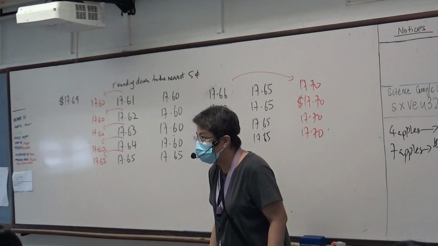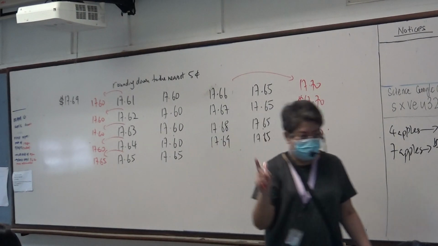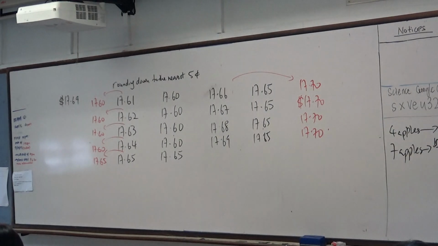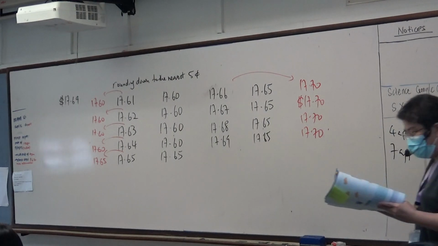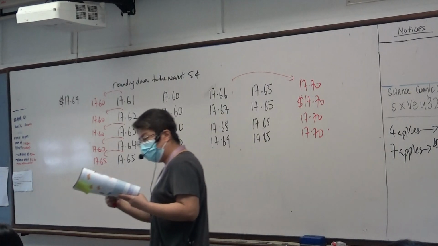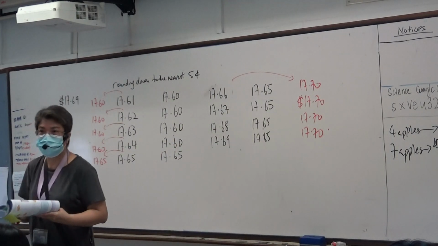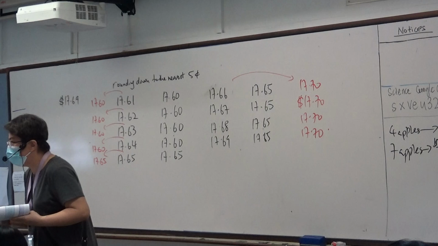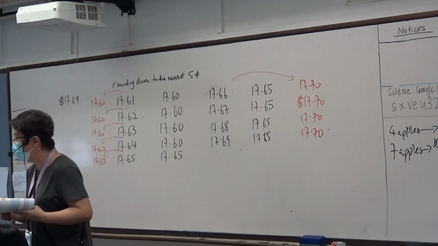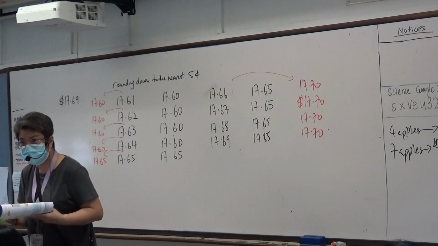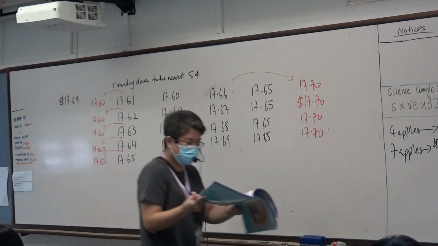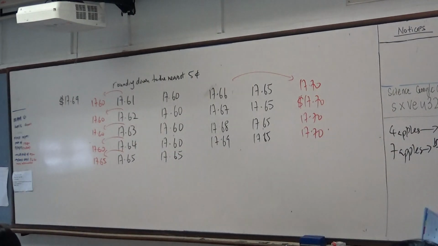Do you understand? So therefore, in order not to charge the customer more, the business owner will actually round down. You follow what I'm talking about here? Okay, good. I just wanted to discuss this with you. There's nothing serious about it, but you should know what's happening in real life.